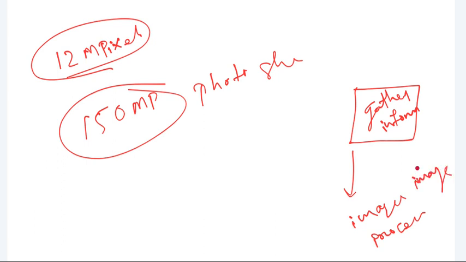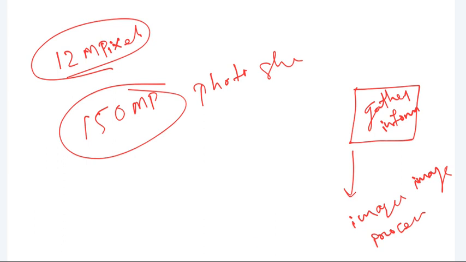Okay, you are saying that it is image processing in iPhones. No, that is not the thing actually. Image processing software can be developed, a good image processing software can be developed. That is not the problem.